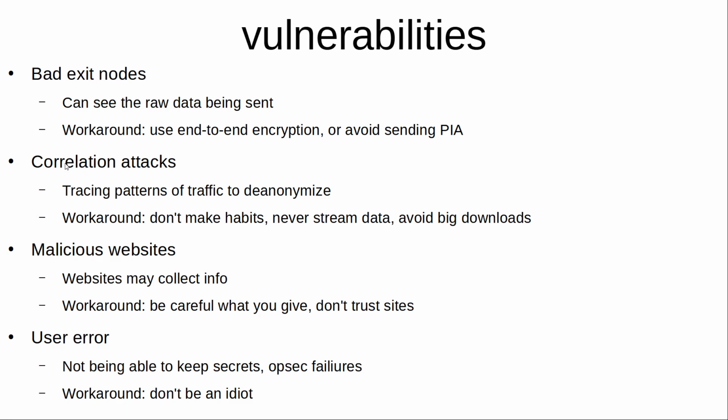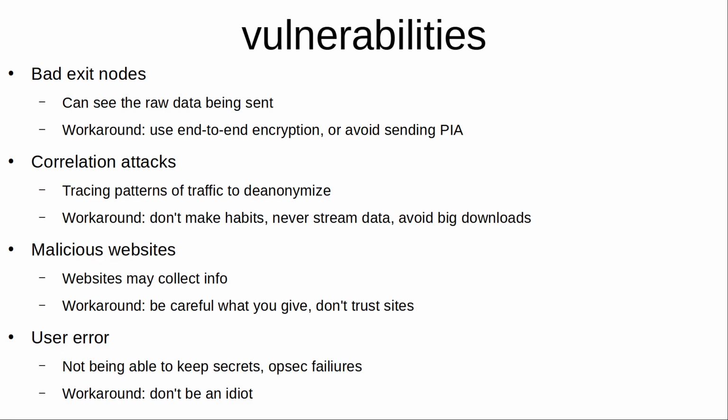There's correlation attacks also, which is tracing patterns of how you use Tor in order to de-anonymize you. Now, these attacks are generally very difficult to perform. You need a lot of data and a general idea, first of all.